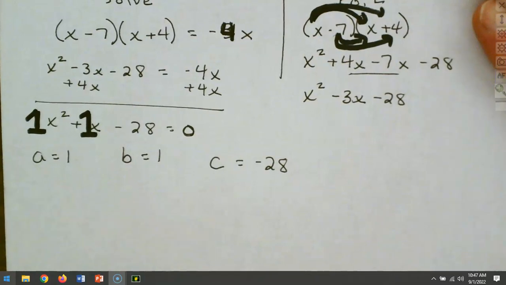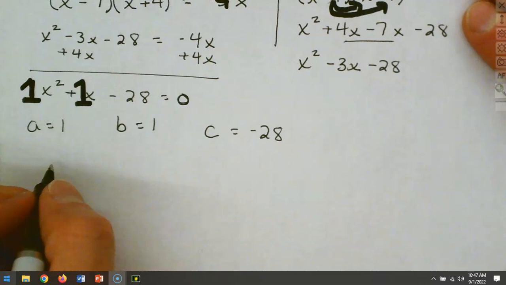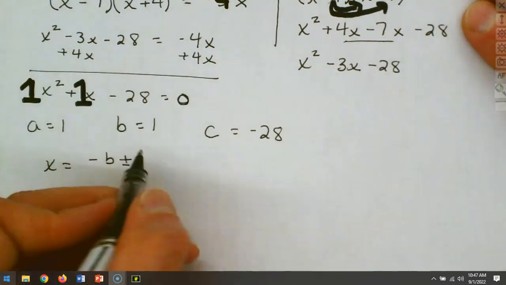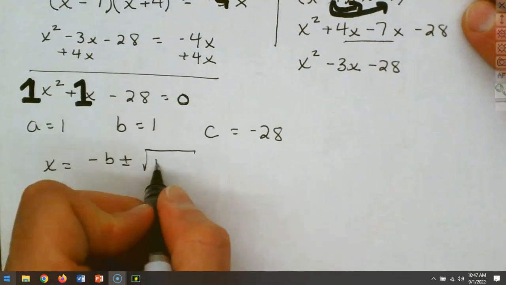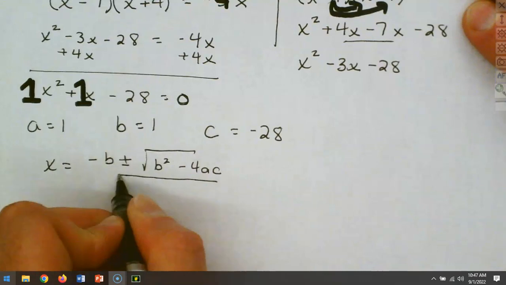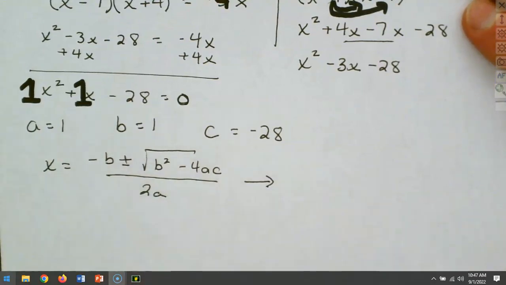So we write up our quadratic formula. So x equals negative b plus or minus the square root again of b squared minus 4ac, all over 2a. Plug our values in.